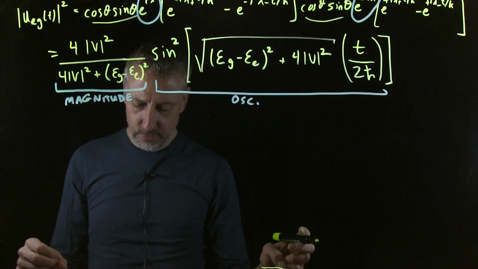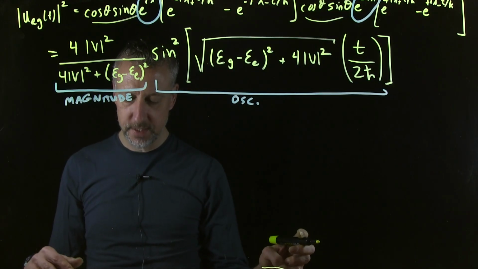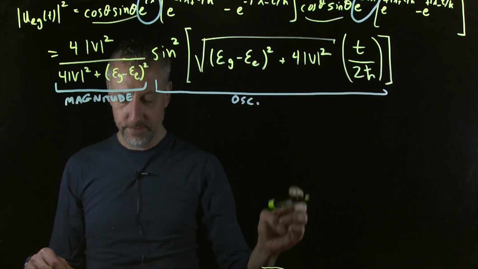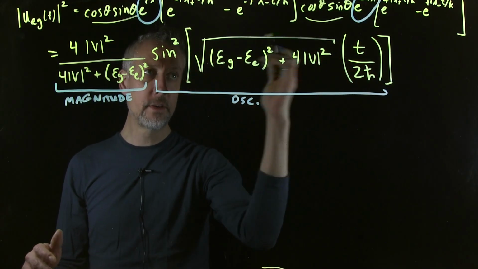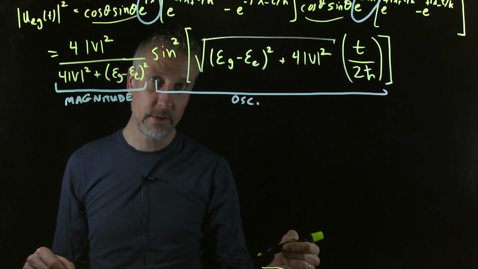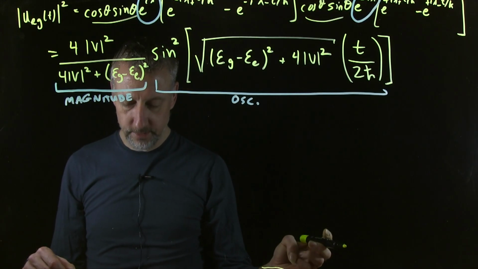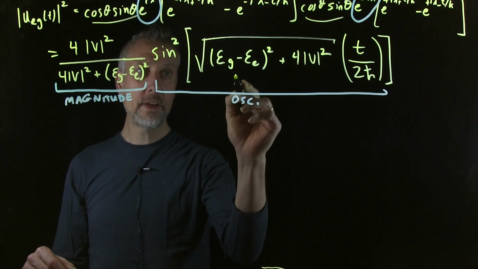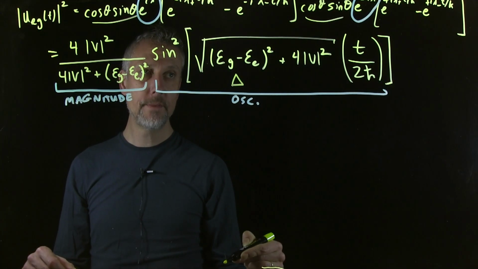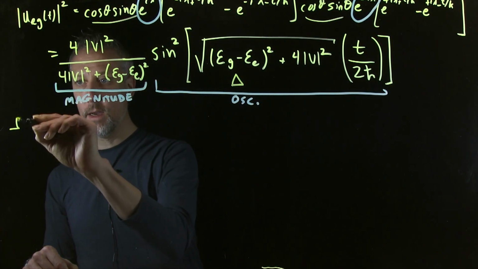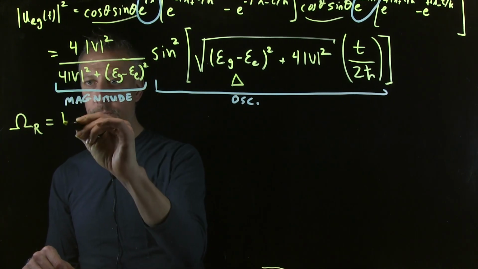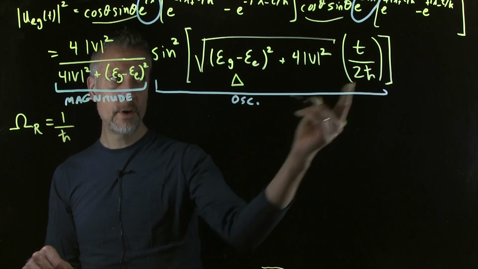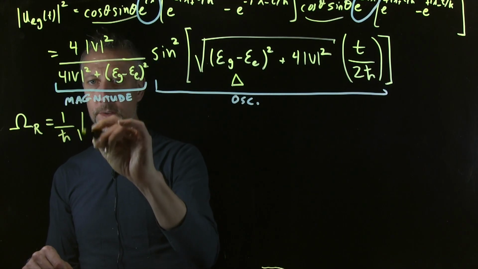Okay, the first thing that we're going to do is define a frequency, just like I described here. If you look at this, you see t times something in a sine, so you know that everything else is something like a frequency. And the way that this is done historically, remember this is the same thing as delta, all right? So we're going to define omega r, as you'll understand why later, 1 over h bar, like I said, times the stuff inside there.